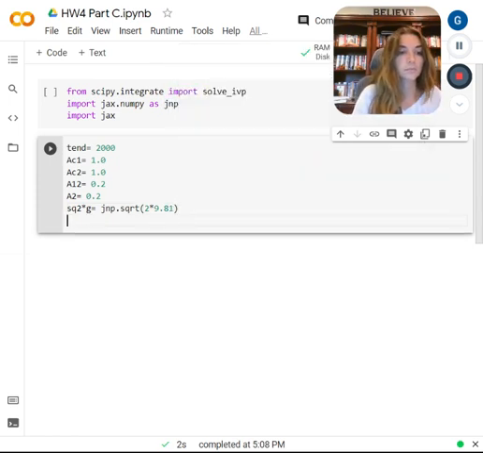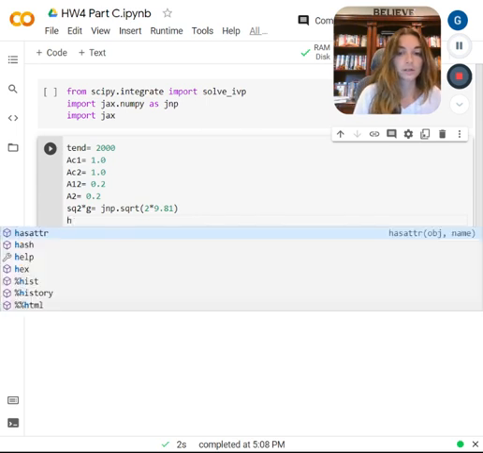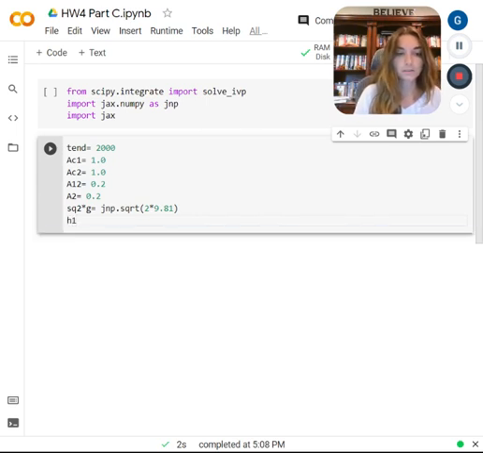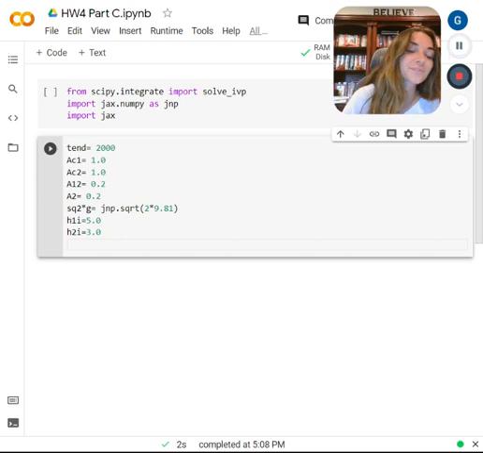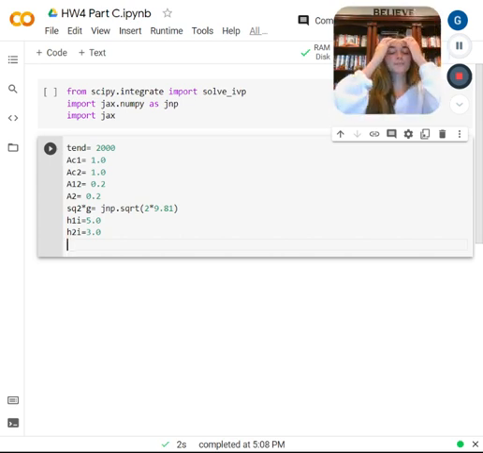All right. Oh, and I almost forgot our initial heights for tank 1 and our initial heights for tank 2. These are both going to be 5 for tank 1, 3 for tank 2, the initial height for tank 2.